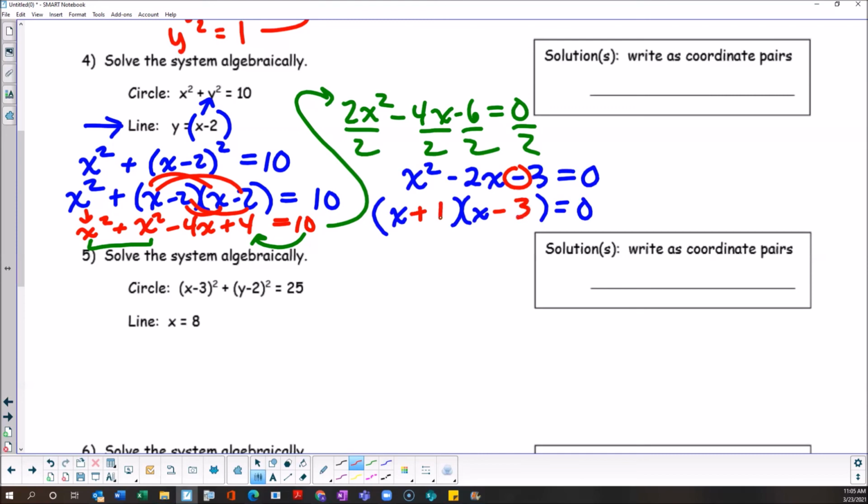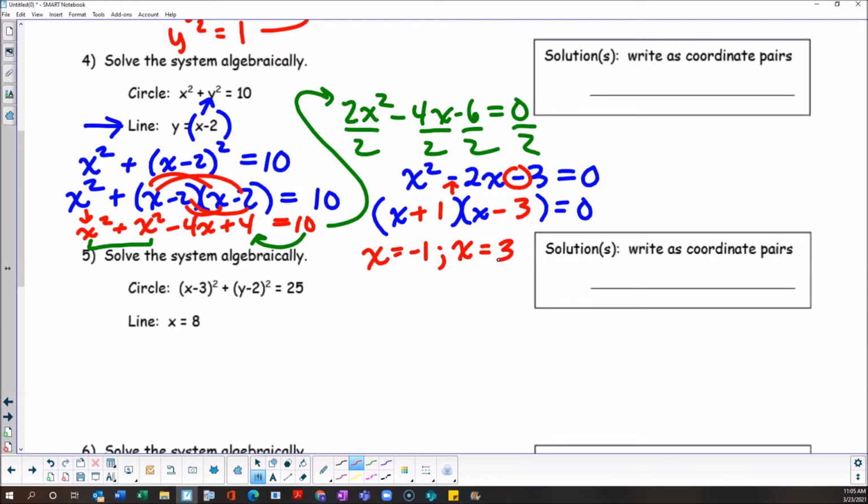Okay, so 3 is the bigger number, and so it goes with the sign that's there. So negative 3, positive 1. When I solve for x here, remember, I'm actually setting each one of those equal to 0 and solving for x. So I get x equals negative 1 and x equals 3.